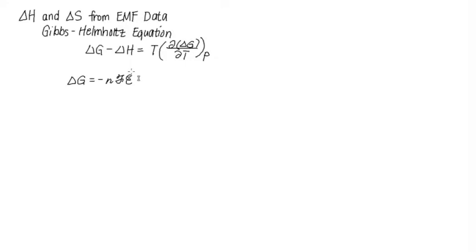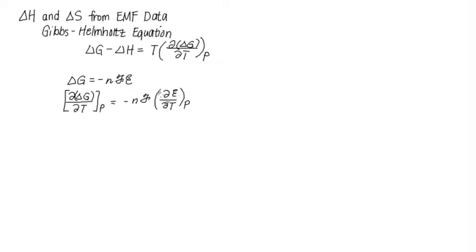And if we differentiate this with respect to temperature, we have the differential of delta G with respect to temperature at constant pressure equals negative N Faraday's constant times the differential of your electromotive force with respect to temperature at constant pressure.